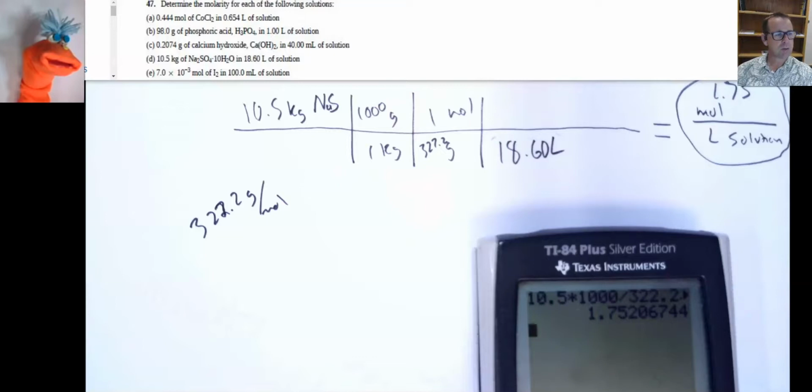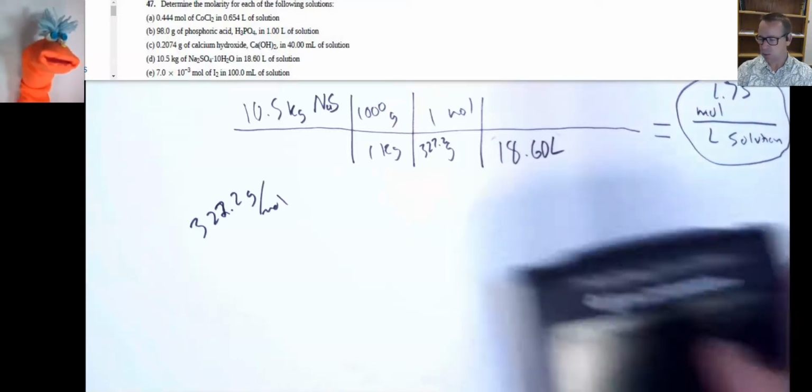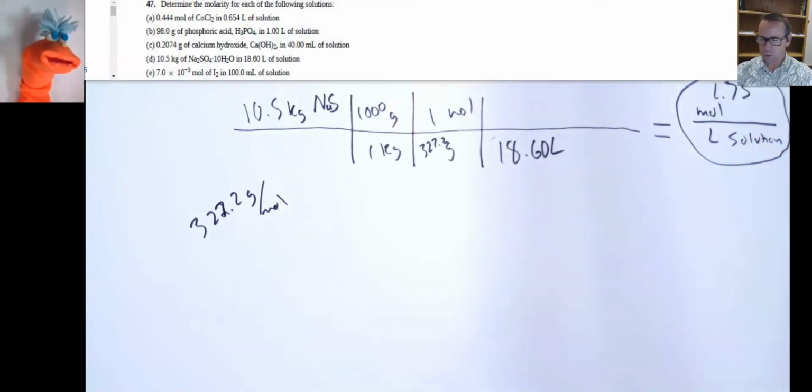Okay, good stuff. Just double checking in the book. That one's kind of tricky. Lots of terms there. Okay, the next one, that many moles of I2 in 100 milliliters of solution.